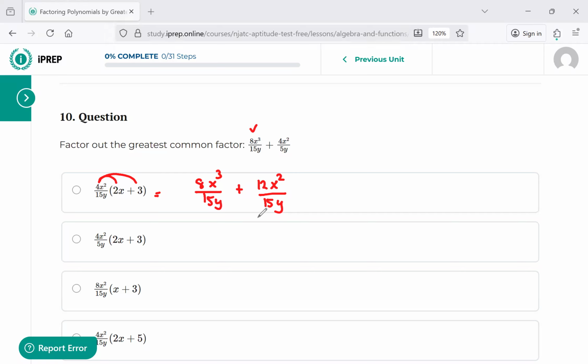So 12 divided by 3 is 4. 15 divided by 3 is 5. Hey, that looks good, right? Even though it doesn't look like it, when you reduce 12 and 15, you get 4x squared over 5y. And then over here, 8x cubed over 15y, you can't do much. So I think that'll be my answer. Let's see.